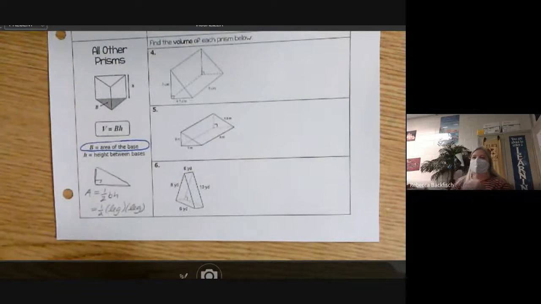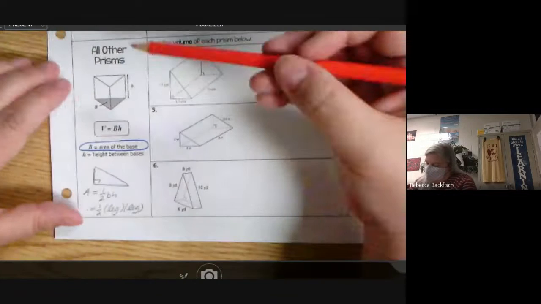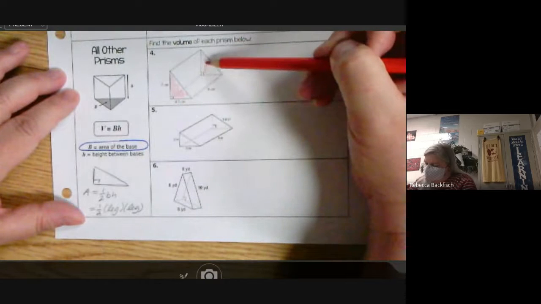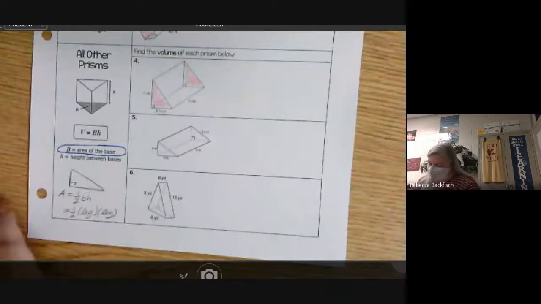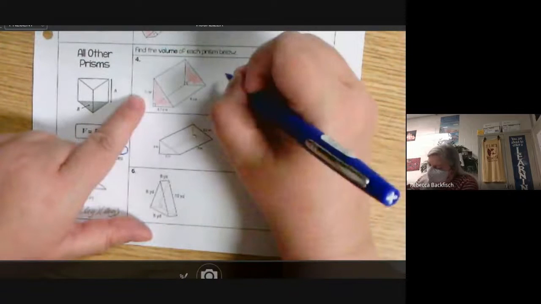So since the legs are perpendicular to each other, you're just doing 1/2 of the leg times the other leg for any right triangle. So here, my base is a right triangle. The legs of that right triangle are 4.5 and 5.